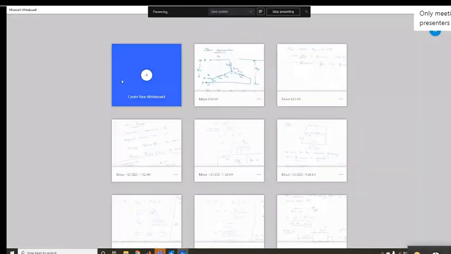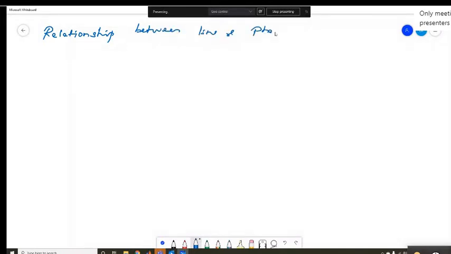So let's do that in the next part. The relationship between line and phase quantities.